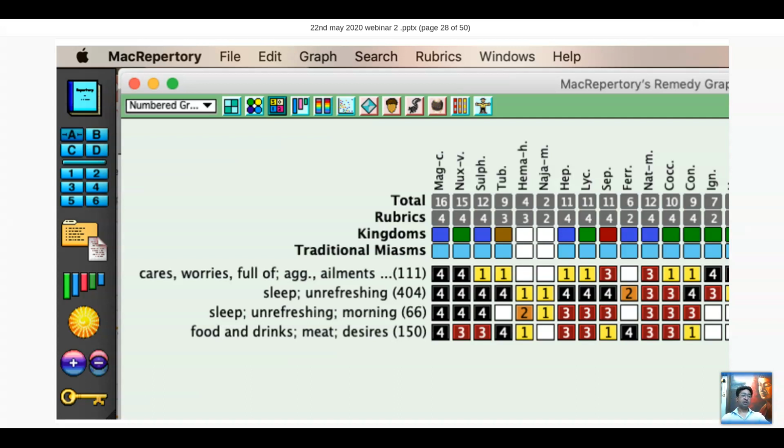But Nux vomica and Sulphur have altogether different totality, different indications. But this is the clear-cut indication of Magnesium: sour perspiration, meat desire, sour eructations, sleep unrefreshing, totally worn out state, ailments from cares and worries, menopausal condition. Magnesium carb is a very good remedy particularly for this condition.